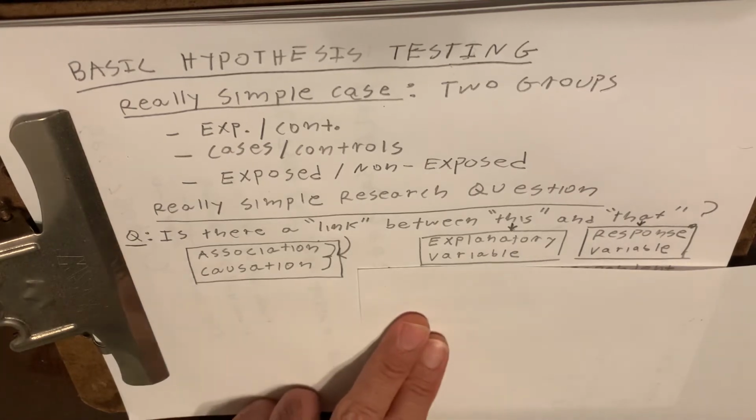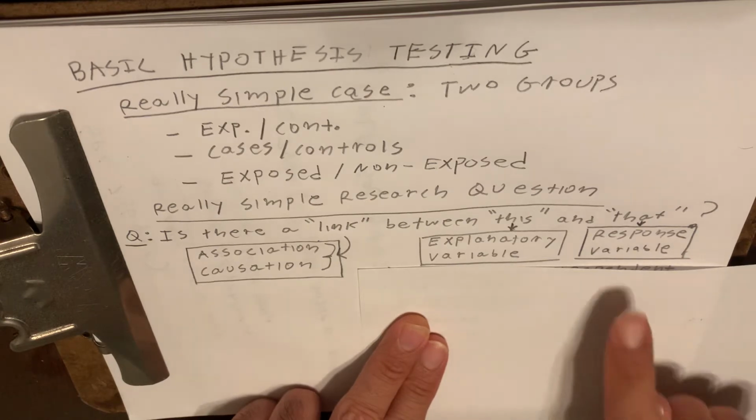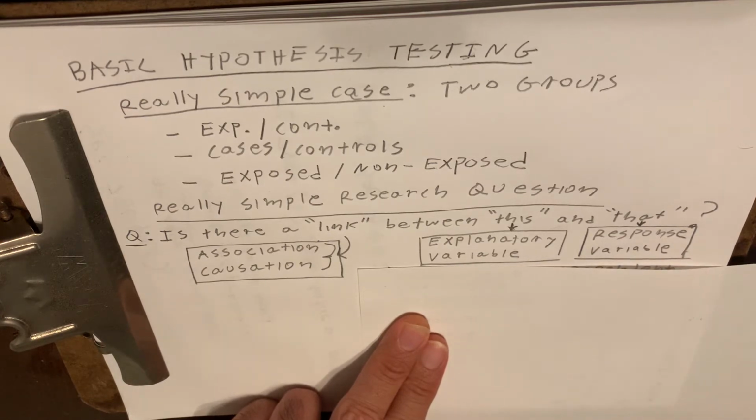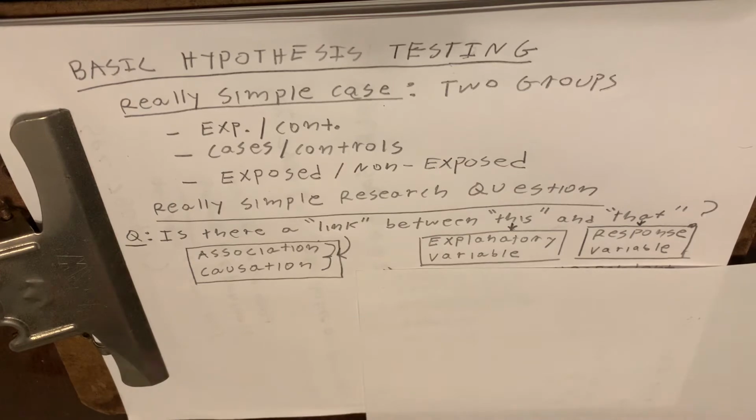The amount of broccoli consumption could be an explanatory variable. The response variable would be breast cancer, and that's the thing we're really interested in. We're interested in explaining the variability in another variable, and that's called the response variable. And in stats, it's a good idea to always think about this idea of variability.